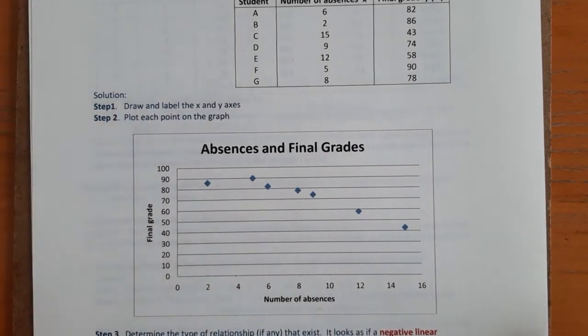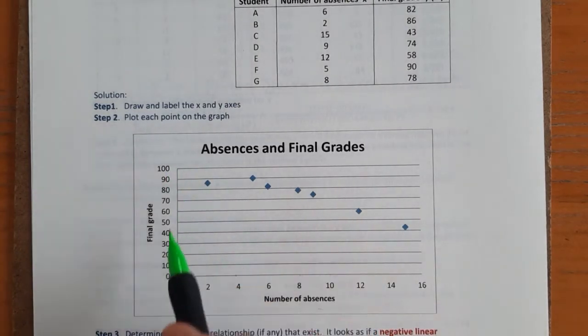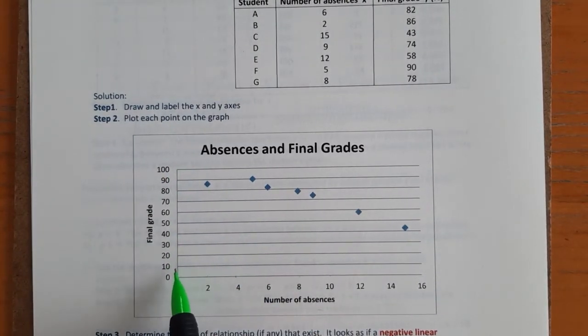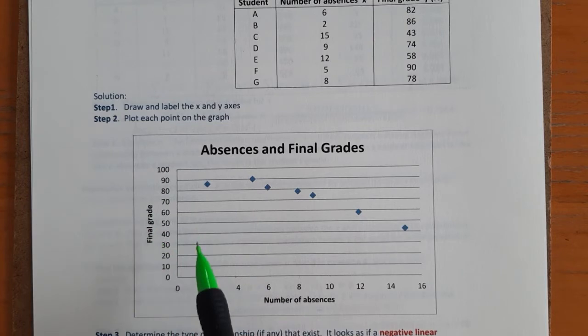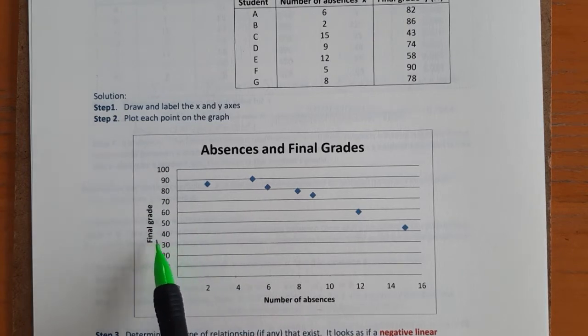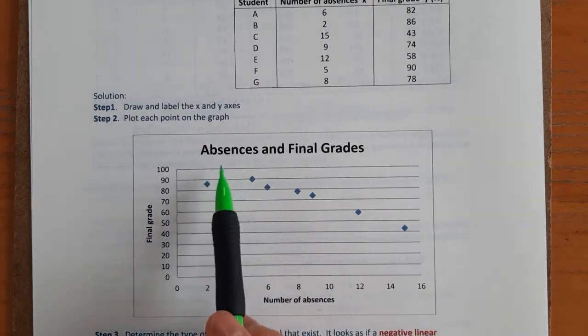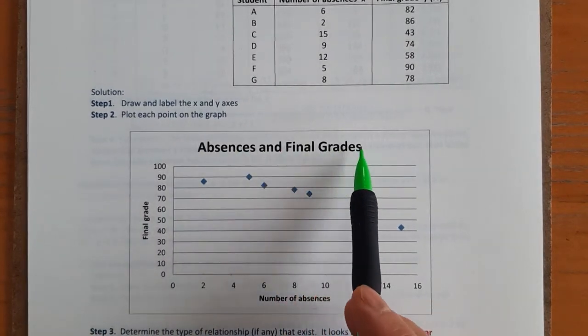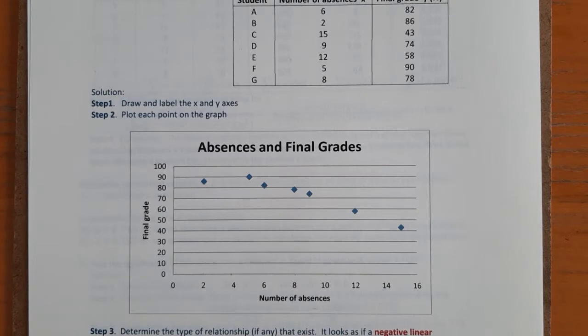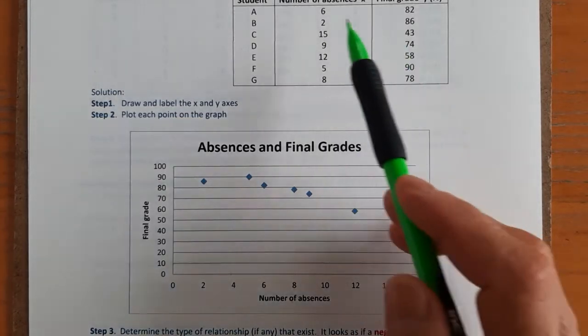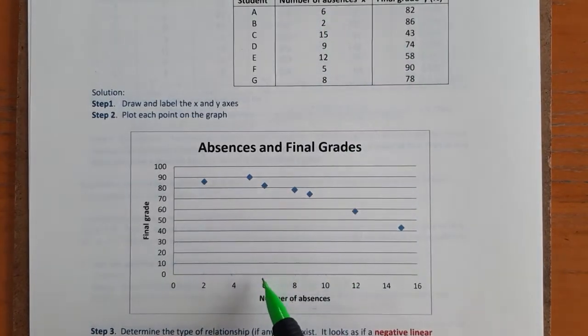And draw the y-axis and label the numbers 10, 20, 30, and so on until 100, and give it the name, final grade. Give the graph a title, scatter plot of absences and final grades. Plot each point on the graph. Like if absences is 6, find 6.